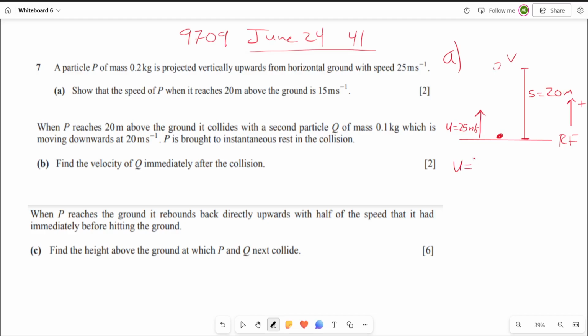We have U, which is 25 meters per second. We have S, which is 20 meters. We have acceleration, which is basically the acceleration due to gravity. However, acceleration is pointing downwards, so I'm going to take a negative acceleration, negative 9.8 meters per second squared, and I want my V.